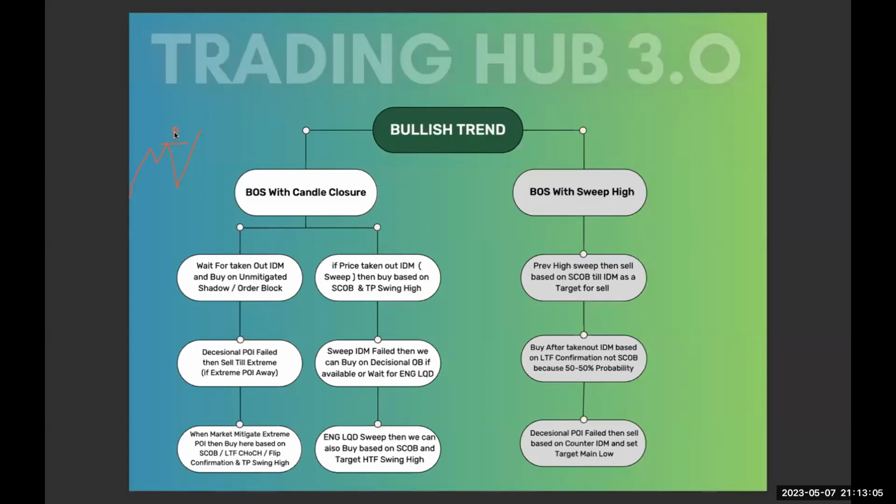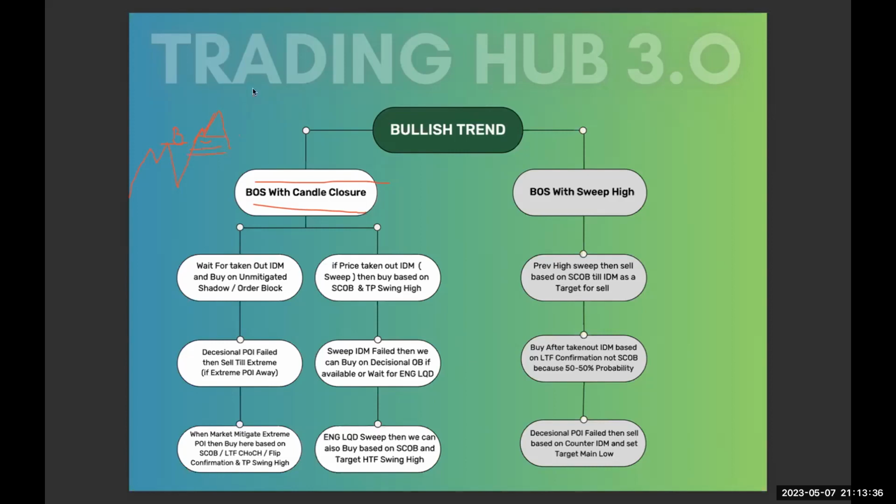So when the market breaks structure, you have to understand whether this break of structure is with candle closure or just a sweep of the high. If the market breaks the previous high with candle closure, then you have to understand two scenarios. First one, wait for taking out the inducement, which is here. Taken out this inducement, mitigate your order block, and you can buy here.